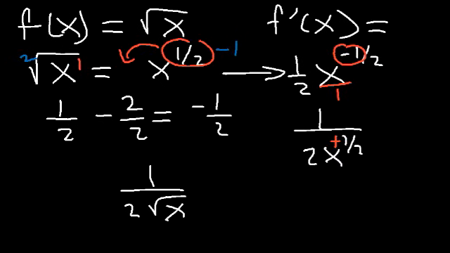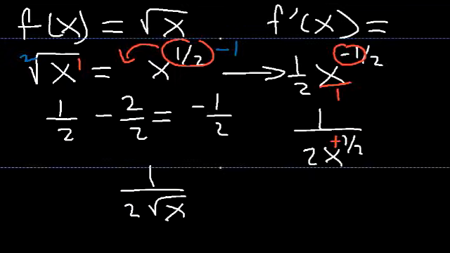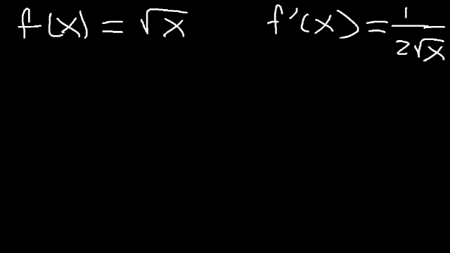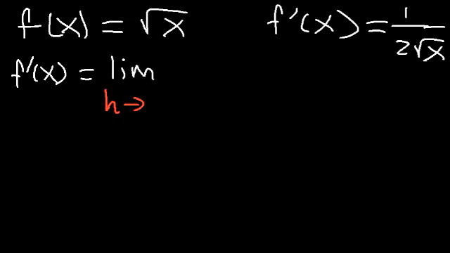So let's see if we can get that answer using the limit process. So let's use the formula. F of x plus h is going to be the square root of x plus h, and then minus f of x, which is the original function.